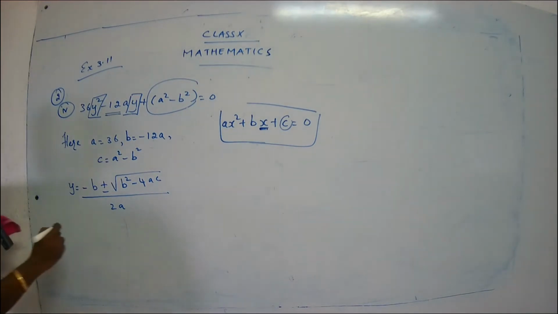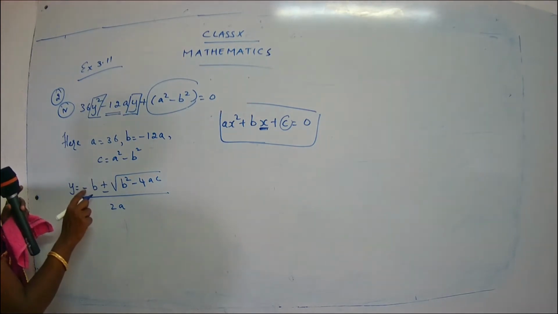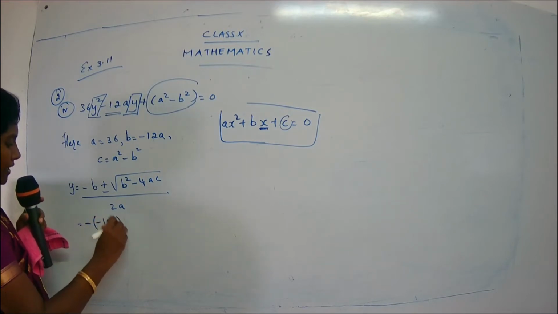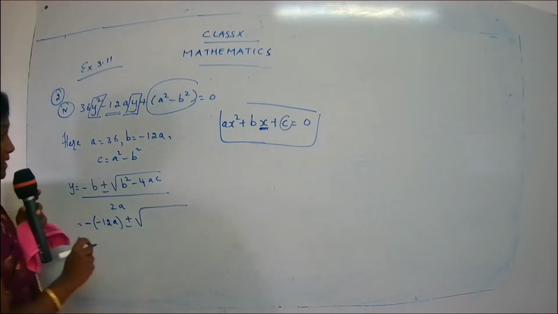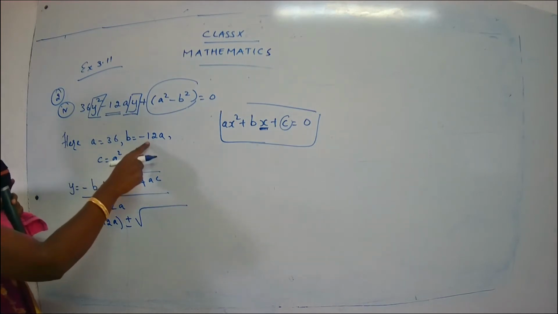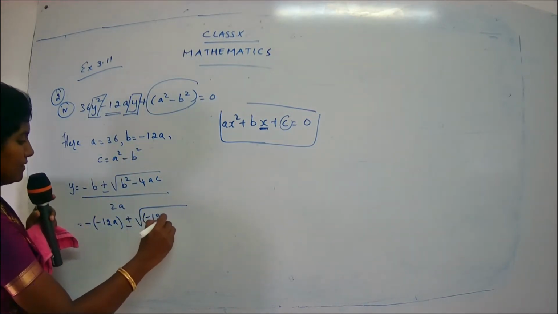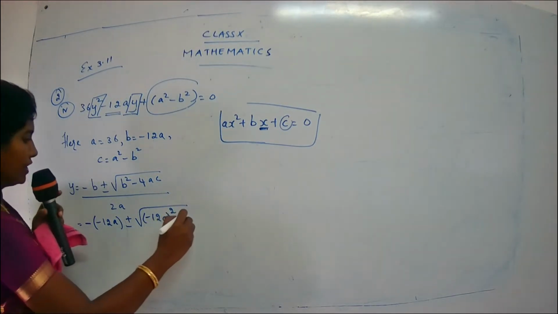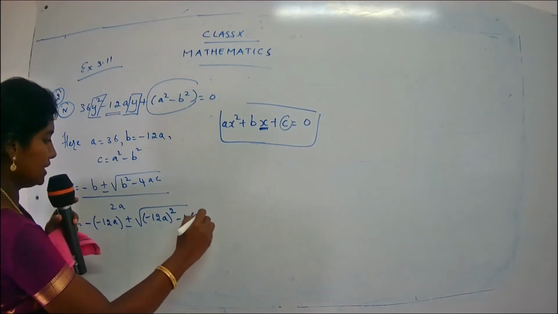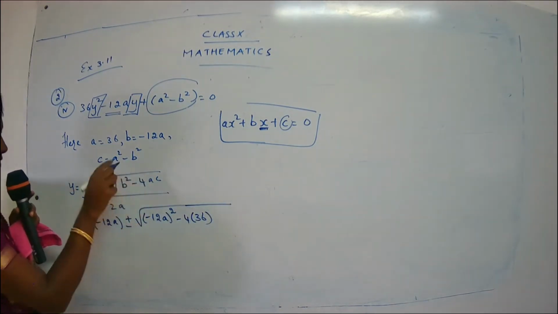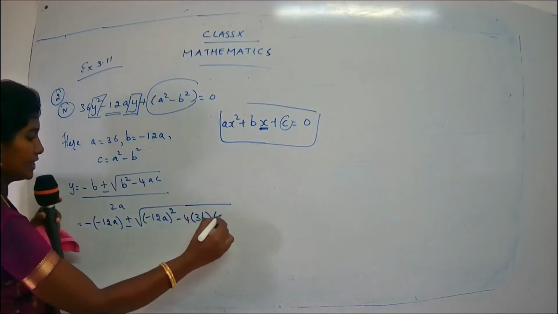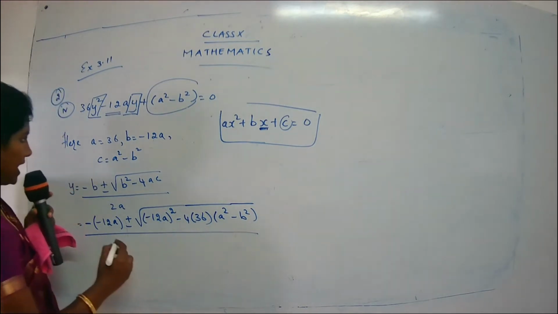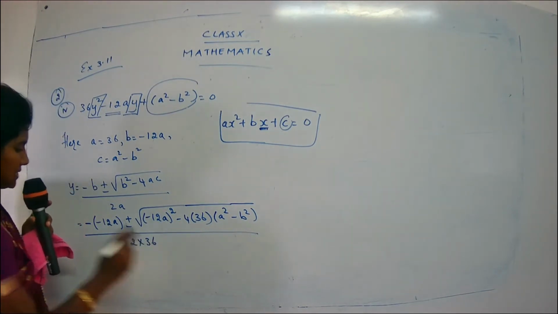So this is equal to minus, be careful children, minus, what is b? Minus 12a plus minus square root of b square minus 4ac. What is b square? Minus 12a the whole square minus 4 into 36 into a square minus b square, taken together, upon 2a, that is 2 into 36.